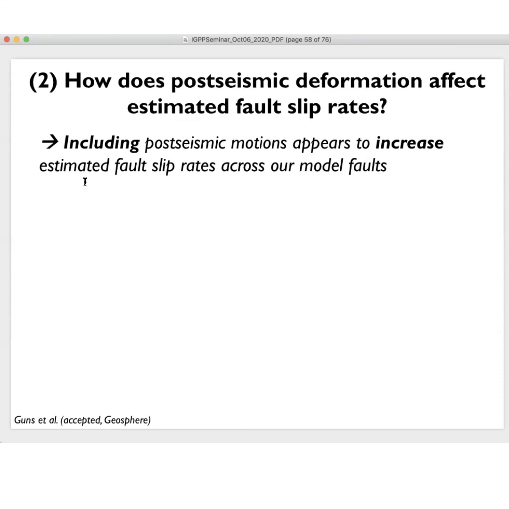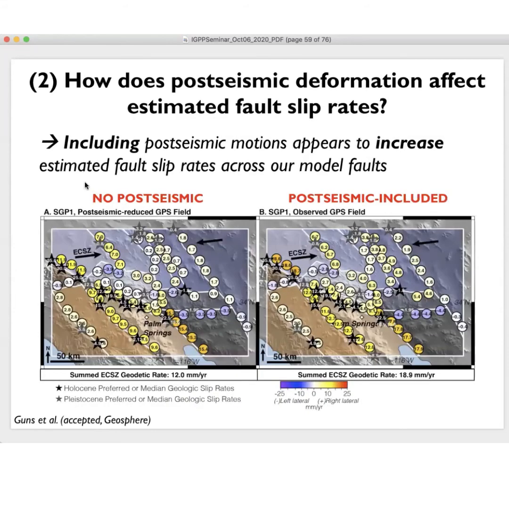To show you a figure that illustrates this, we're going to compare the slip rates generated from our observed velocity field that includes the post-seismic motion with our slip rates generated from our corrected field that has no post-seismic motion.